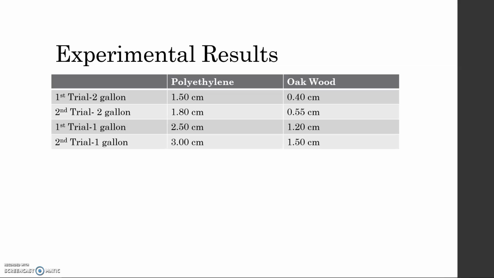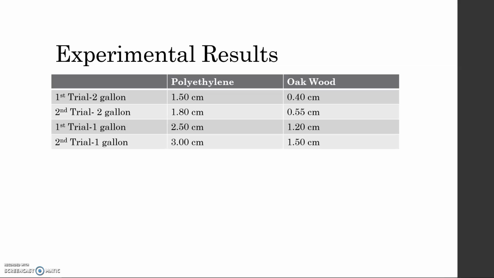Now, with our experimental results, we were quite surprised. Our trials for the plastic on plastic with the polyethylene surfaces sat around 1.7, 1.8-ish. On the plastic on plastic surface with the 1 gallon, it sat around 2.75 to 3.